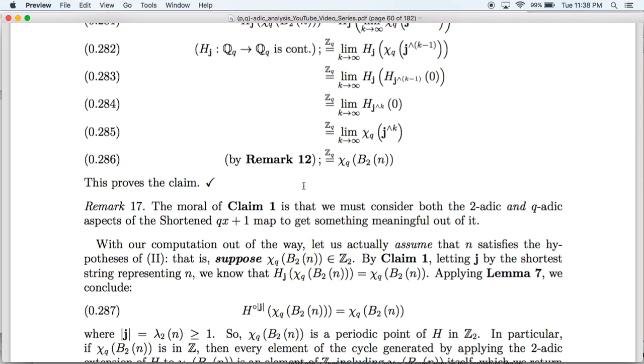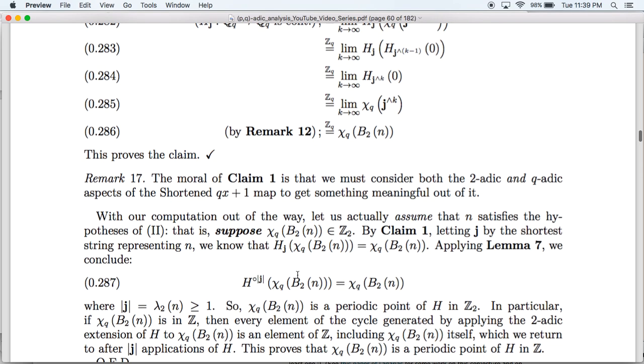So now since this is true, we can then apply h bold J times. Because this is a 2-adic integer, by our lemma 7, we then know that the correct string to apply, which is h bold J, will send 2-adic integers to 2-adic integers, which makes this a correct value, which means that applying h bold J is the same thing as applying h bold J times.